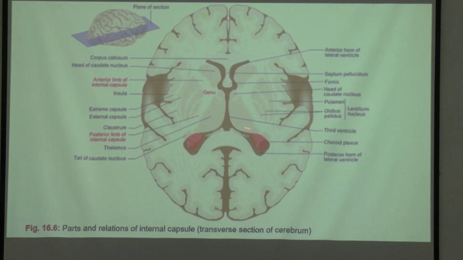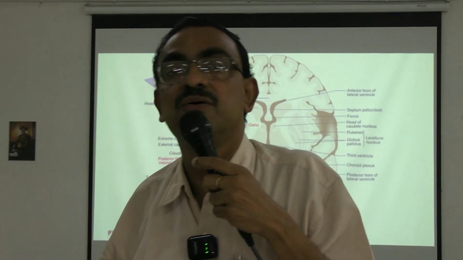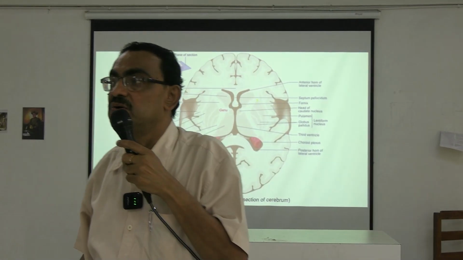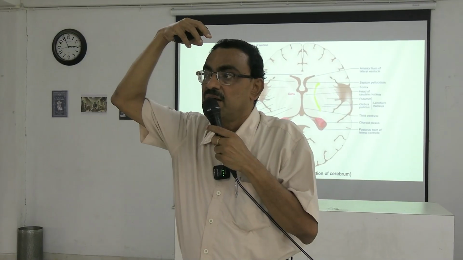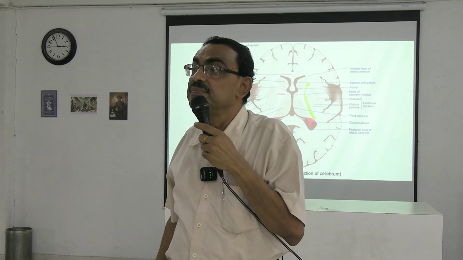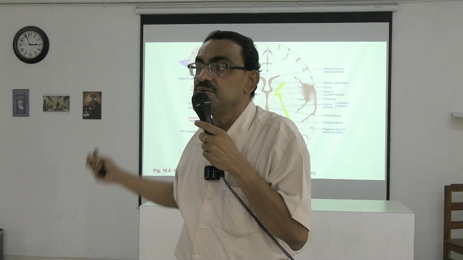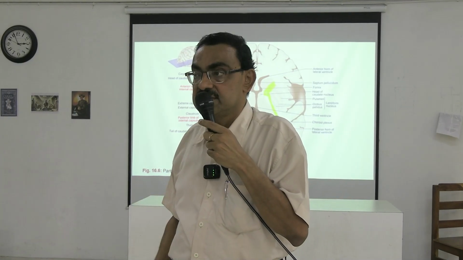Through this area pass the corticospinal fibers and corticonuclear fibers. From the cerebral cortex, the fibers come down, reaching the spinal cord or the cranial nerve nuclei.